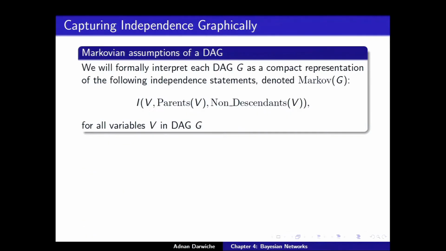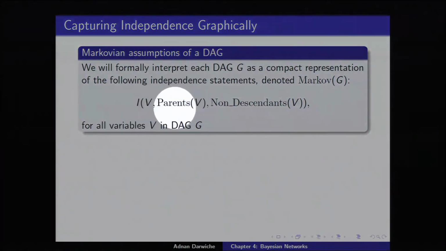And here's basically the set of independence assumptions that are encoded by a Bayesian network structure. It is a template that applies to every node in the DAG. So here we're looking at a node V, and we're saying that given the parents of V, V becomes independent of its non-descendants.